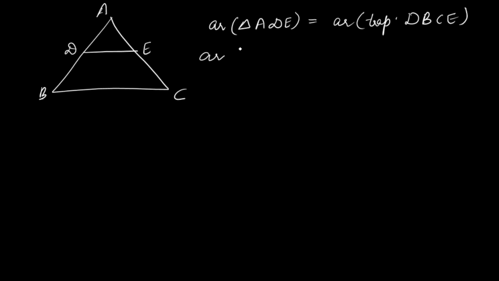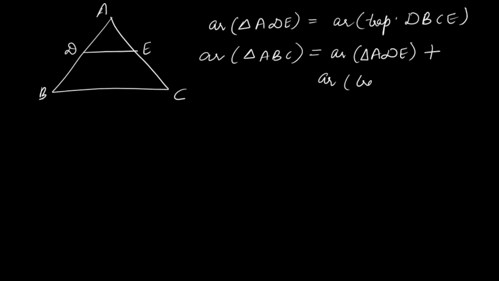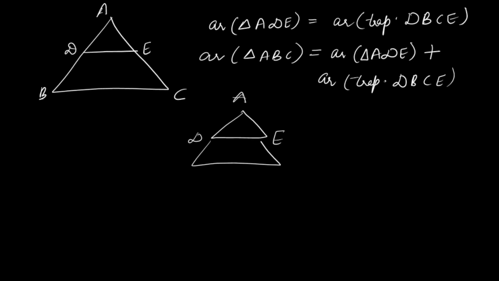See, what is the area of triangle ABC? ABC is the full triangle. Area of ABC is actually equal to area of triangle ADE plus area of trapezium DBCE. If you add all the areas, this is ADE, and if you add this one, DBCE, this will become the complete triangle.